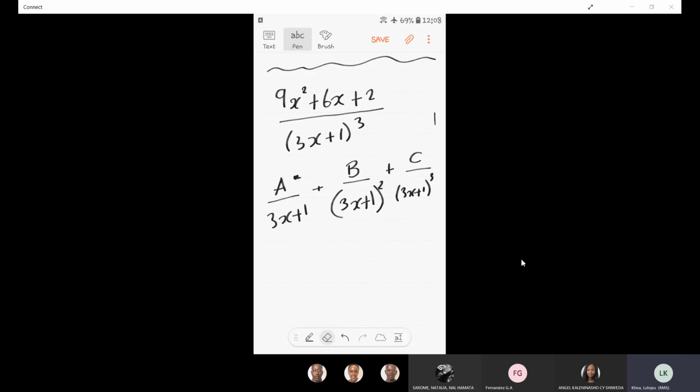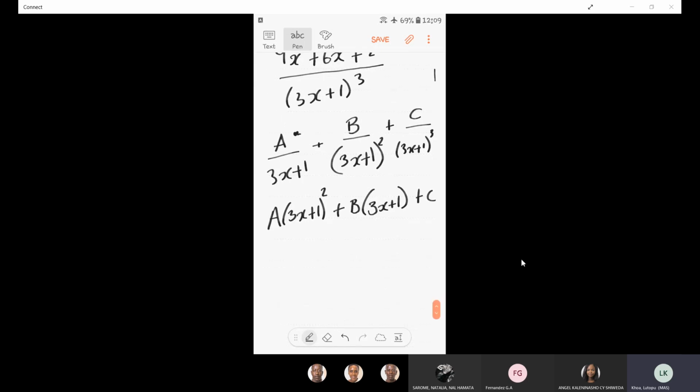Then what I do, again, this is just A multiplied by 3x plus 1. It's missing the square. And then B is missing only one of them. And then C is not missing any of them because the lowest common multiple is already the denominator of C. So I would normally multiply it by 1, but multiplying anything by 1 doesn't change.